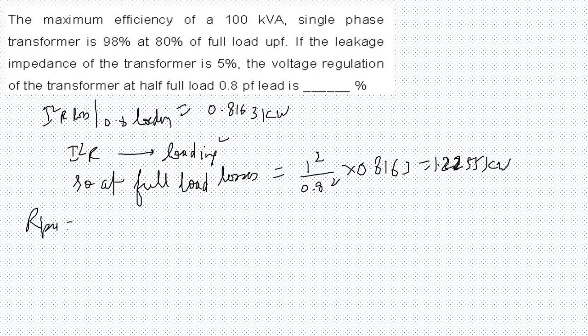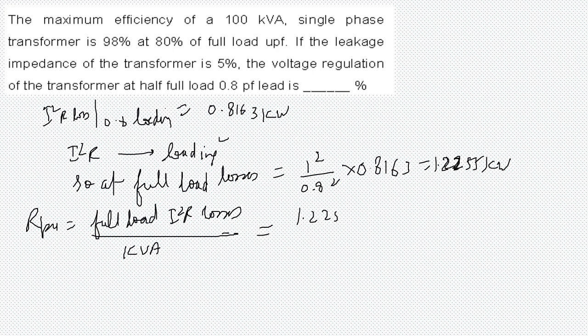R per unit will be the full load I square R losses over the kVA rating. So your full load losses are 1.2755 over 100.